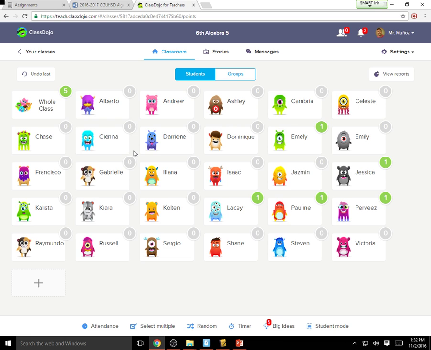Raimundo, you look like that one. Lacey's, yours is scary. It's got eyes everywhere. Yellow blob.